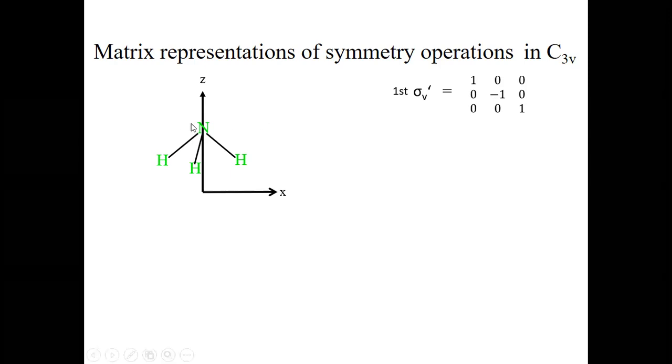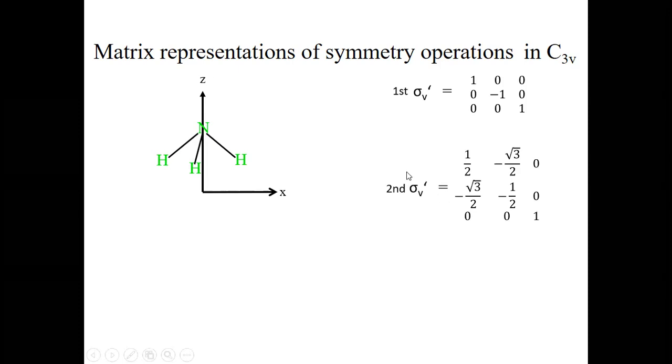So now the situation is more complicated for the other 2 mirror planes, because the other 2 mirror planes do not coincide with a mirror plane that is produced by 2 coordinates. Therefore again, the x and the y coordinate will be dependent on each other. And for that reason, the matrices will look more complicated. I'm not deriving this in detail.